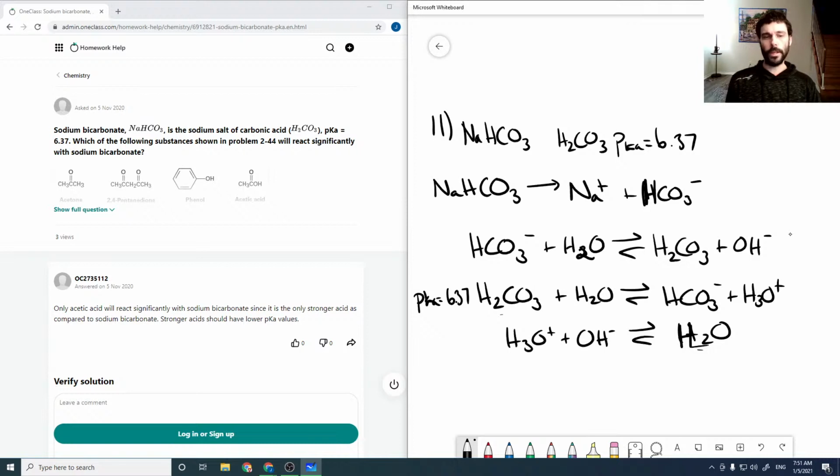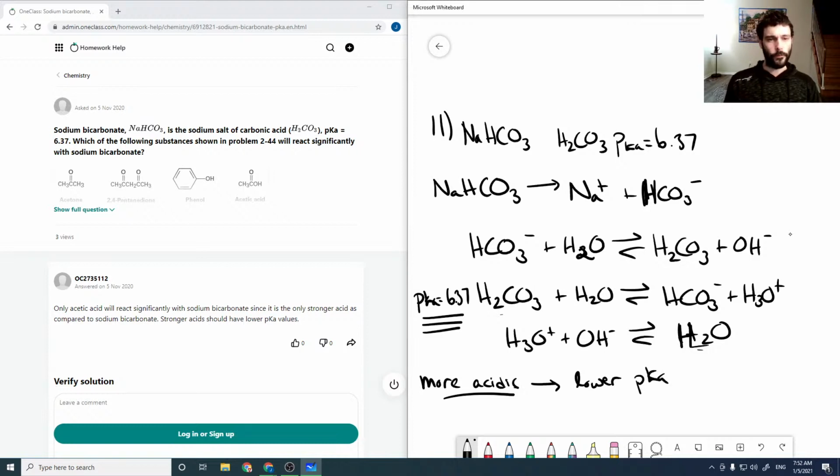So the only way we're going to get any significant reaction is if we mix it with something more acidic than its conjugate acid. More acidic means lower pKa.